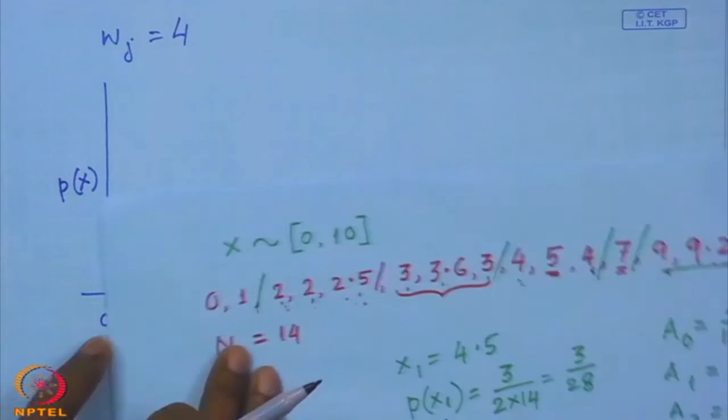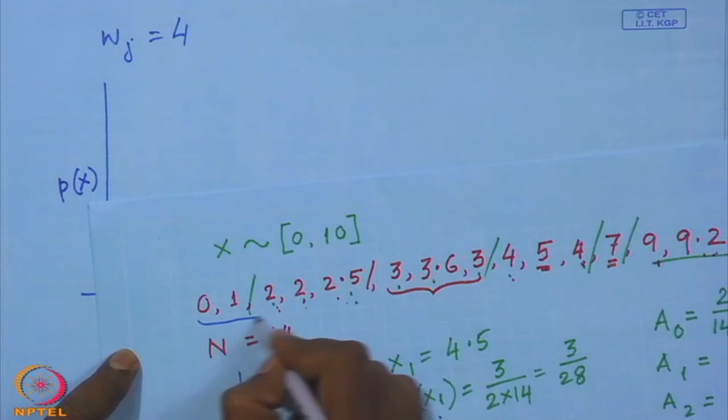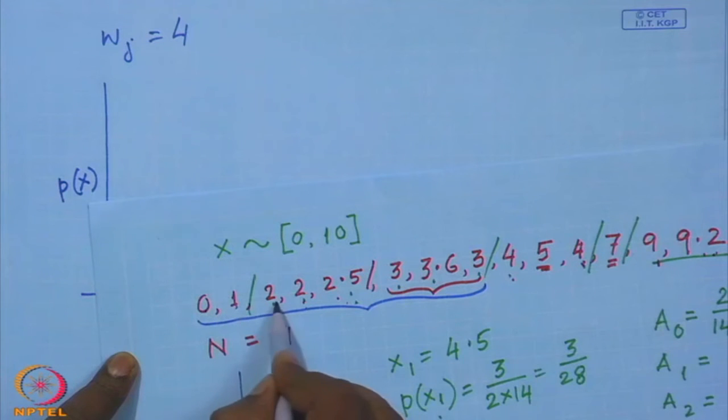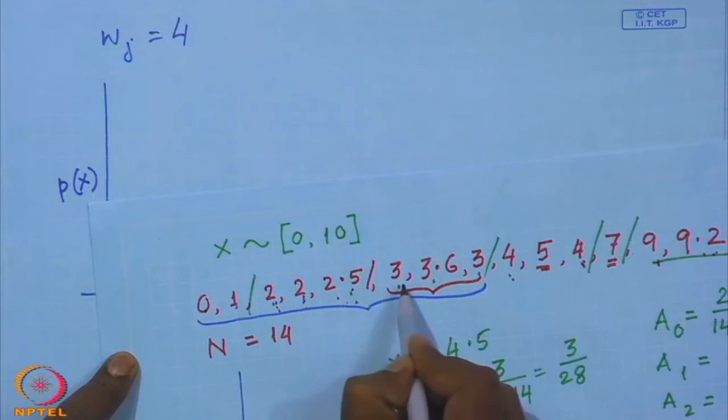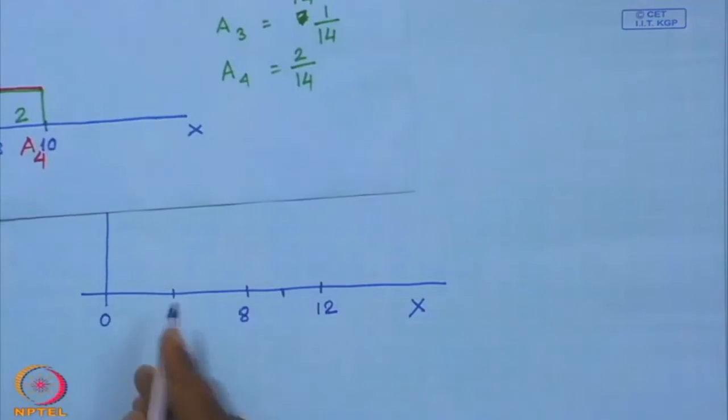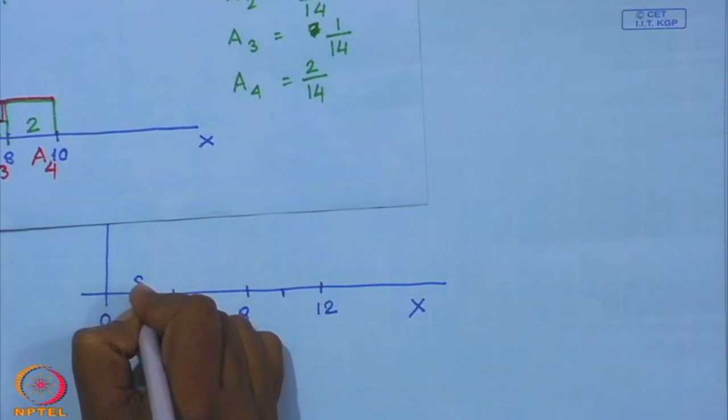You find that all these samples have values greater than or equal to 0 but less than 4, so I have 1, 2, 3, 4, 5, 6, 7, 8 samples falling within this bin.